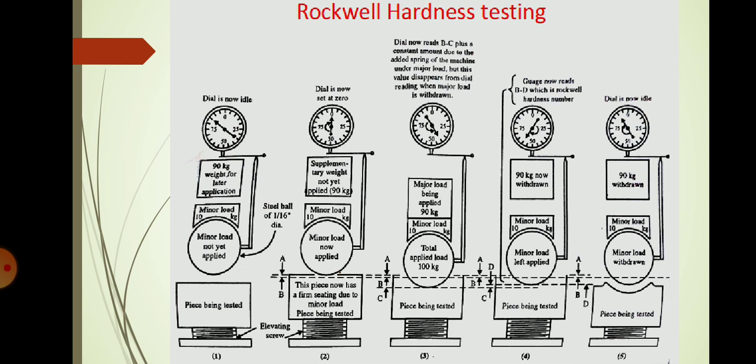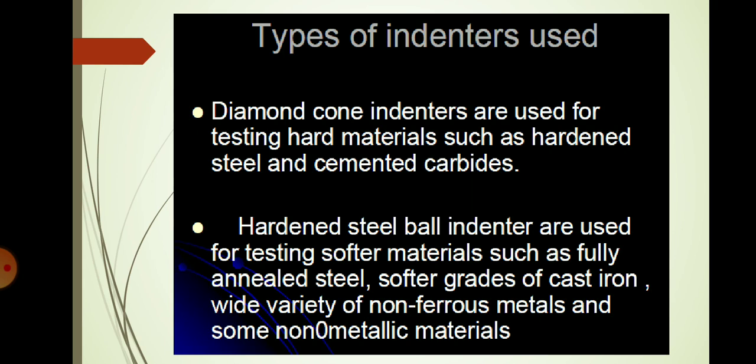The indenter in the Rockwell hardness tester can be of two types. I will just revise the types of indenters used in the Rockwell hardness tester. First is the diamond cone indenter, which is used for testing hard materials such as hardened steel or cemented carbide cutting tools. So in these cases we use the diamond cone indenter.